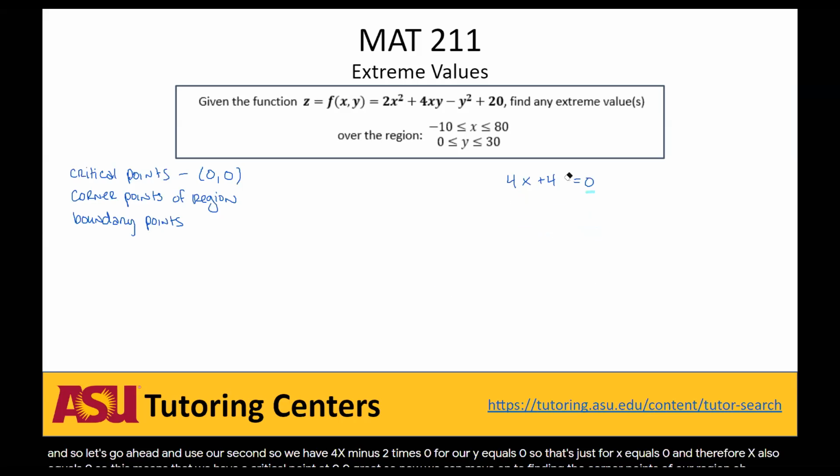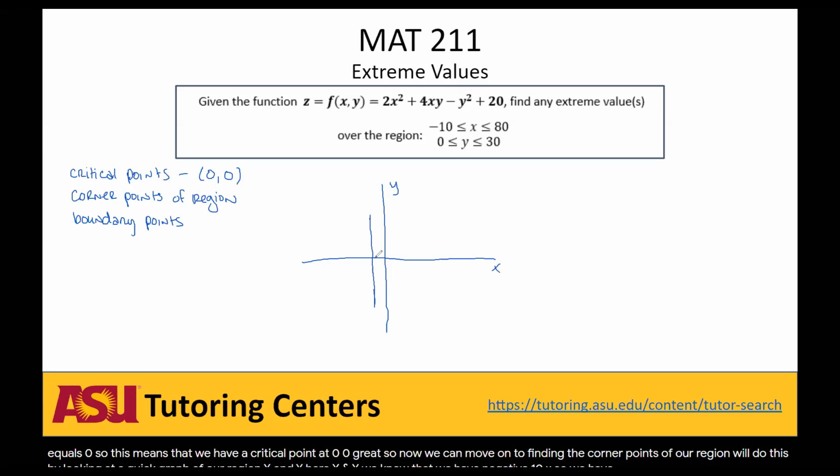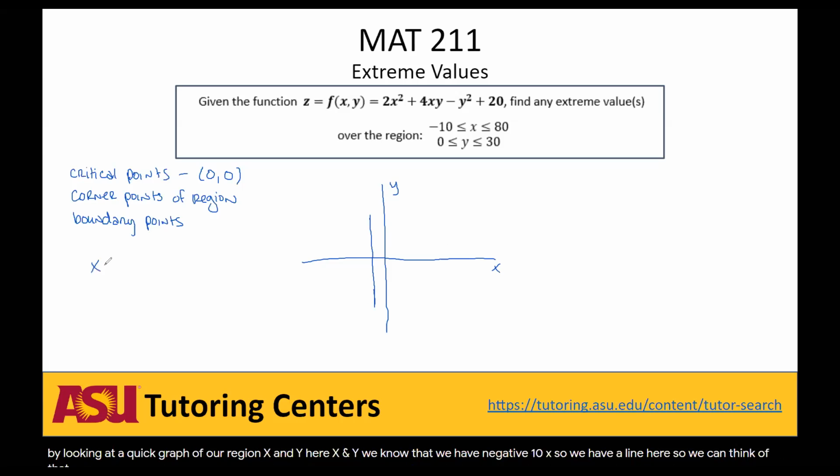Now we can move on to finding the corner points of our region. We'll do this by looking at a quick graph of our region. So we have x and y here. We know that we have x equals -10 for the outer portion of it. That's the minimum x value that we could have. And we have 80 for x up here.